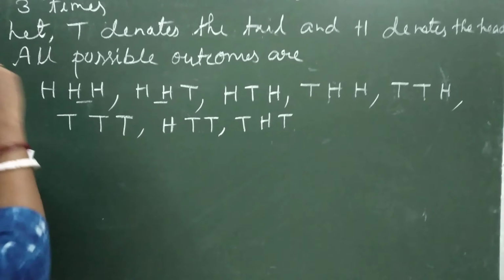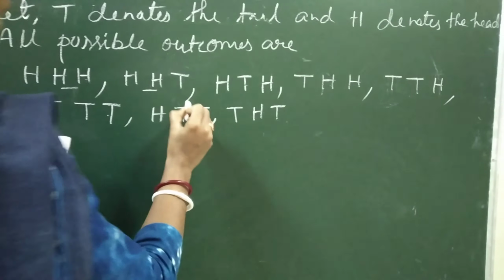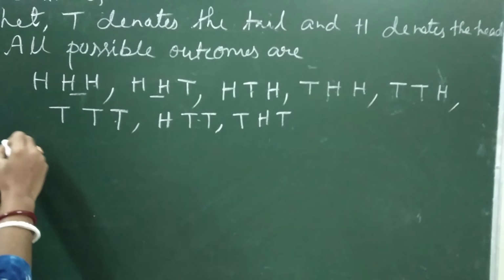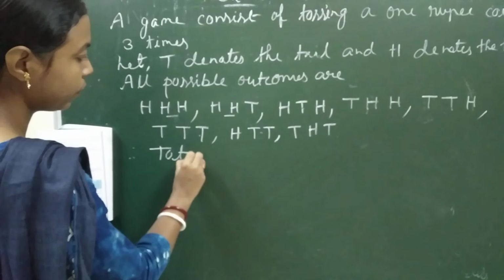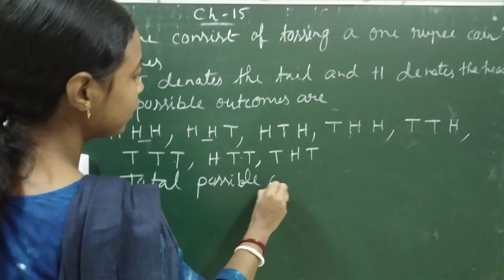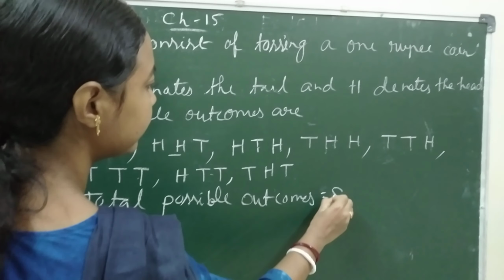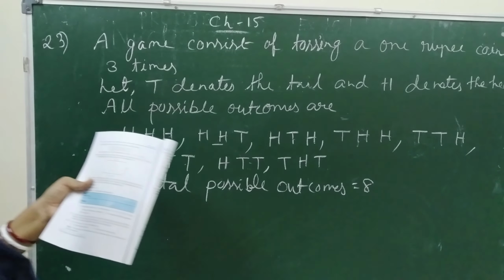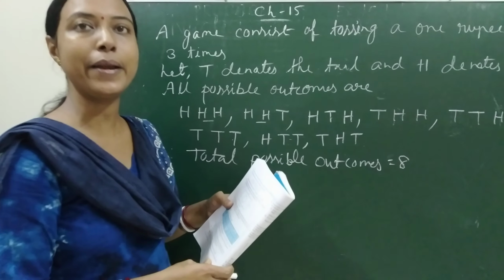So how many possible outcomes are there? 1, 2, 3, 4, 5, 6, 7, 8. So write therefore total possible outcomes equal to 8.